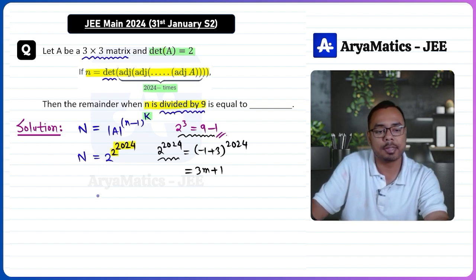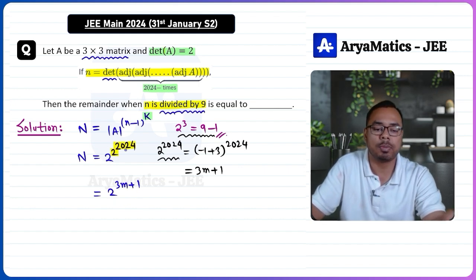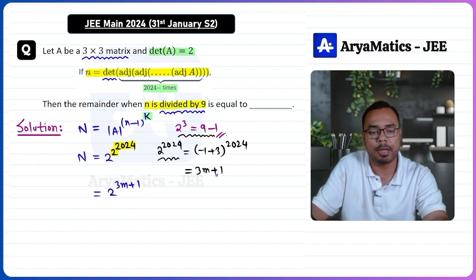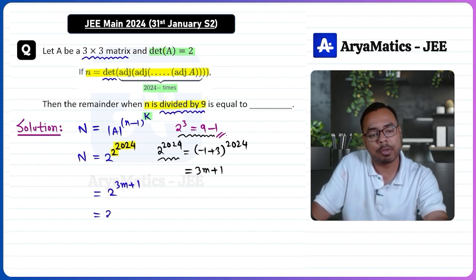So therefore we can write this number N as 2 raised to a multiple of 3 plus 1, since 2024 is a multiple of 3 plus 1. So this number N will be 2 raised to (3m plus 1), where m is some positive integer. Now here you can separate this 2, and then write the rest as 2 cube raised to m, and 2 cube is 8, which is minus 1 plus 9.